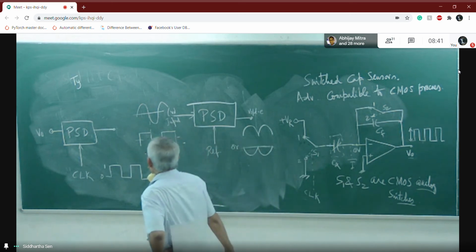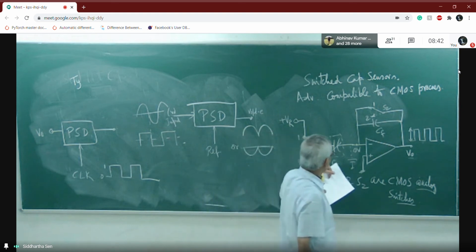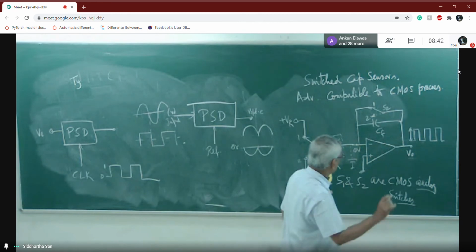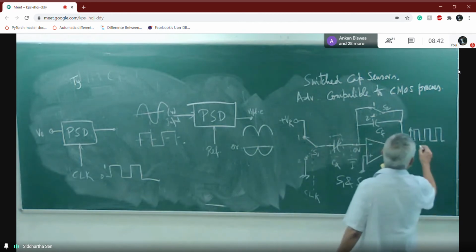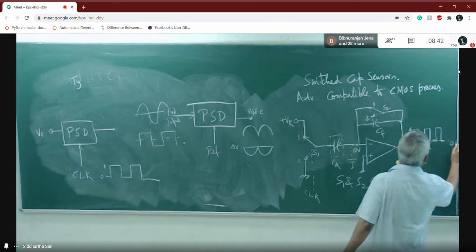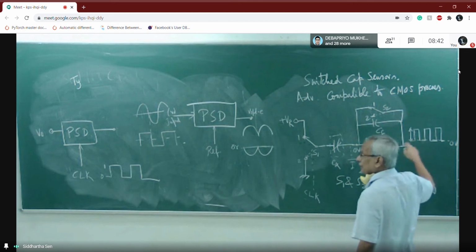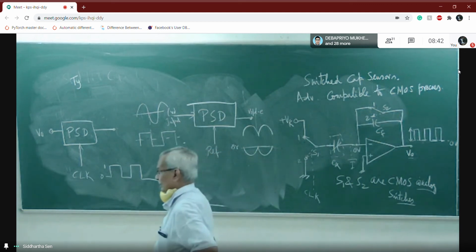So whether the voltage is increasing or decreasing depends upon that. But there are two points to mind here. All the things are based on 0 voltage.